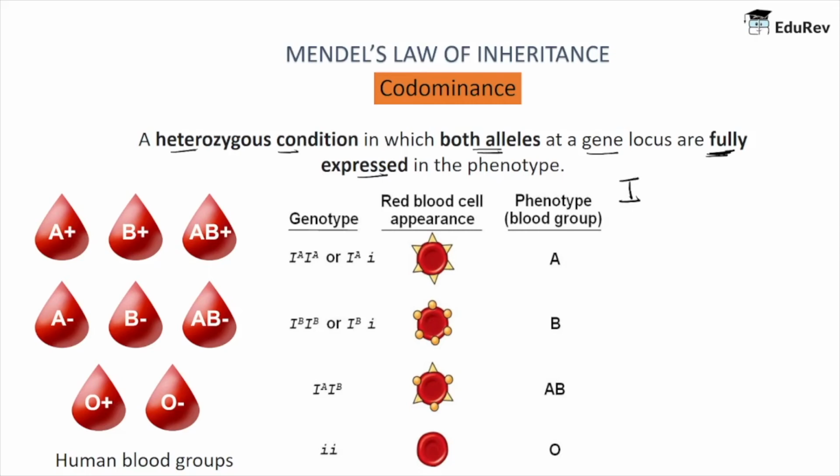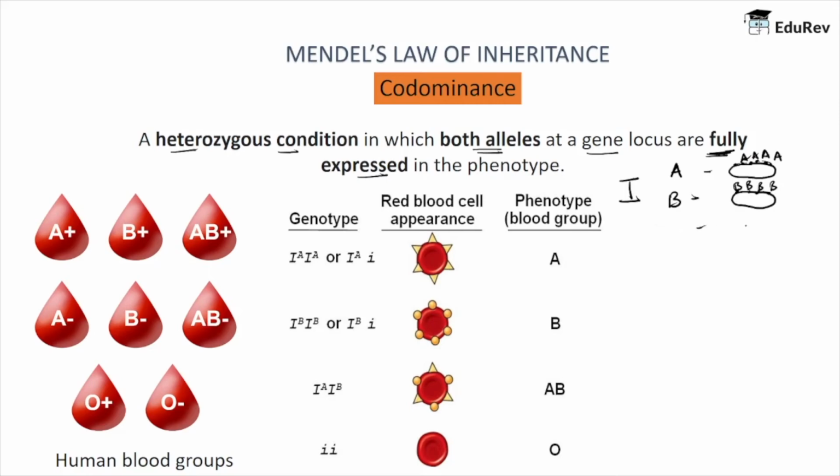Now, for example, if a person has blood group A, the antigens present on the blood will be A, all over the blood. And if a person has blood group B, the antigens present will be B, all over the blood.